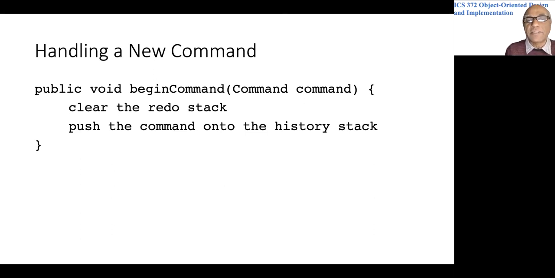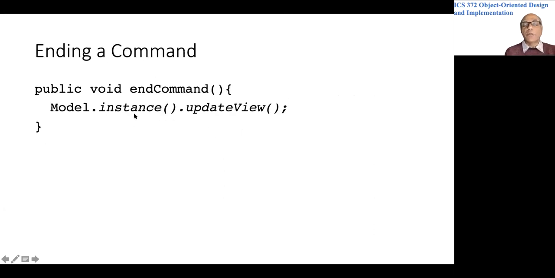You can read the chapter in the book or the reading document available on D2L to see why it is convenient to clear the redo stack, so we avoid certain inconsistencies, and push the command onto the history stack. When we end the command, we update the view so that the shape is properly updated on the screen.